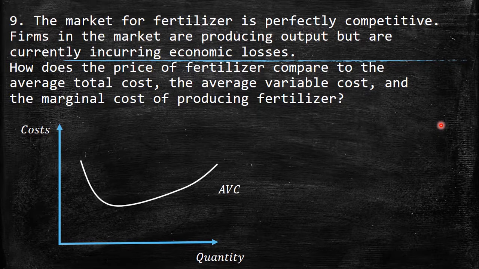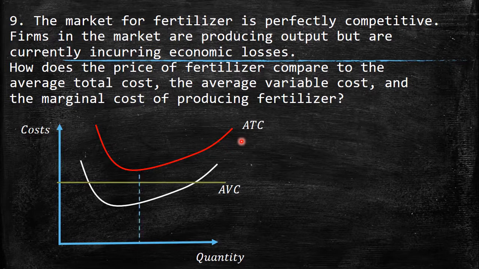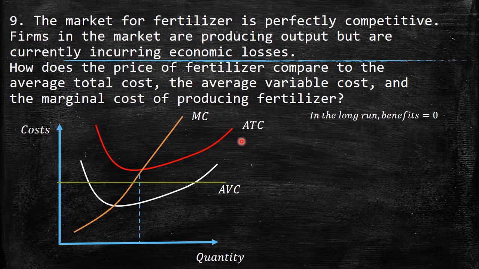So here we have the average variable cost and here we have the average total cost. Remember, the difference between those two is the average fixed cost. Imagine that this is the price, exactly this one. At that point you are sure you are losing this part because you cannot cover that.